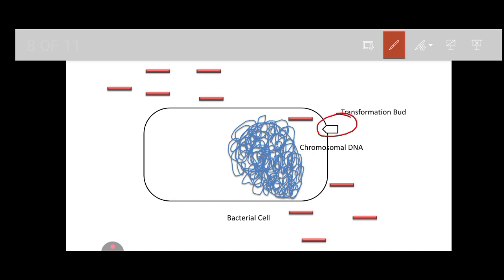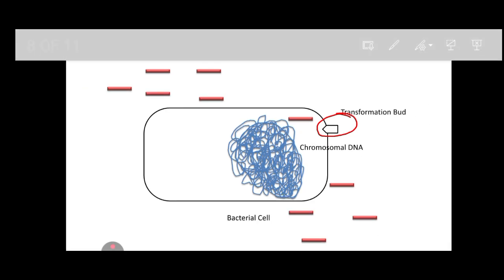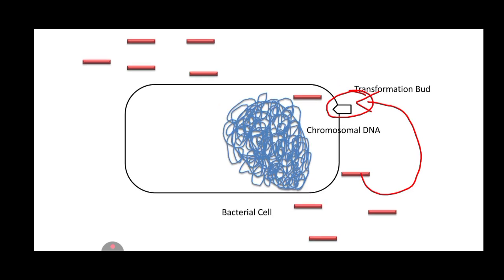In the next slide, the DNA is completely transported into the cell, leaving behind the transformation bud empty. So upon successful transfer of the DNA from the external environment to the internal environment of the cell through the transformosome bud, the transformation bud started to disappear.